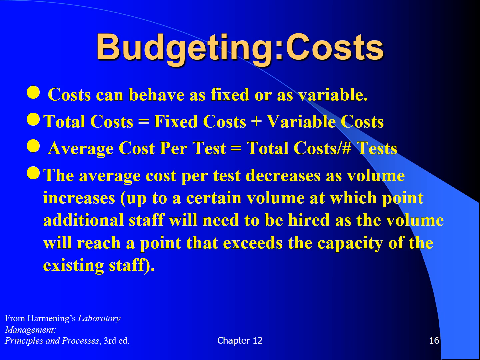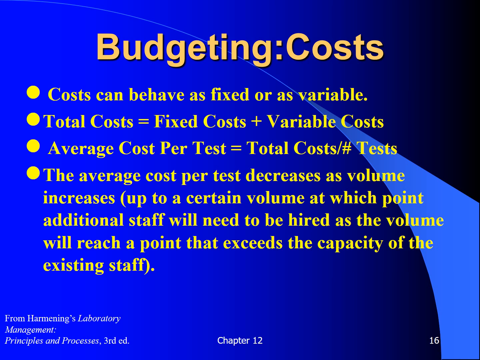The budget will be based on various components of costs such as direct, indirect, variable, and fixed. Fixed expenses do not vary with the test volume for a given period, but variable expenses change proportionately with changes in volume of tests performed.